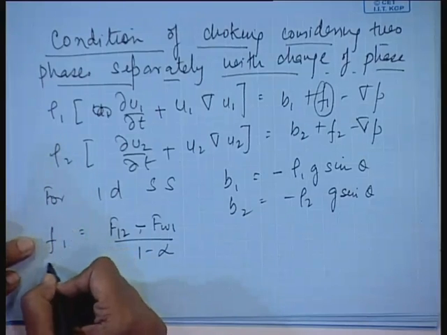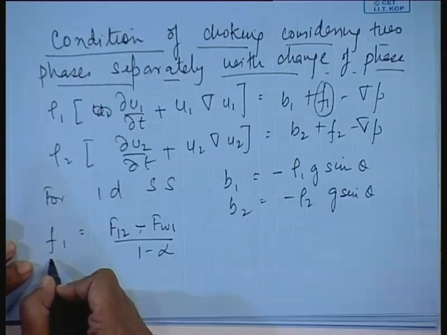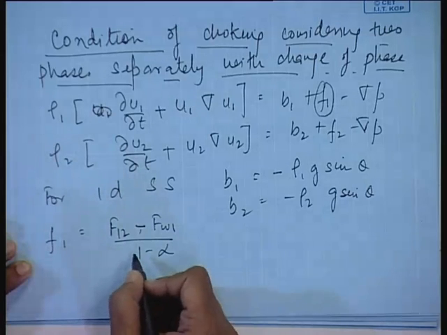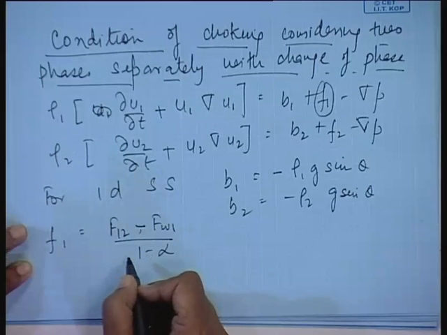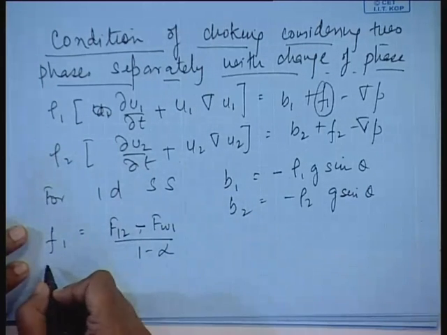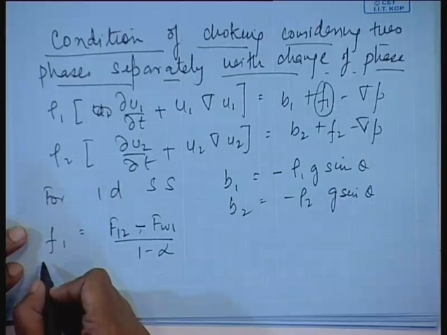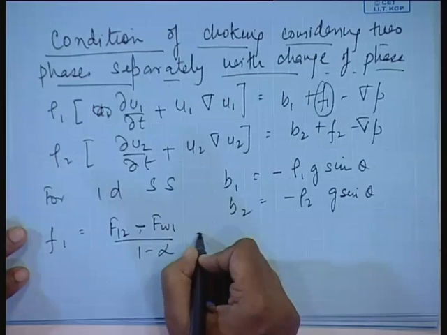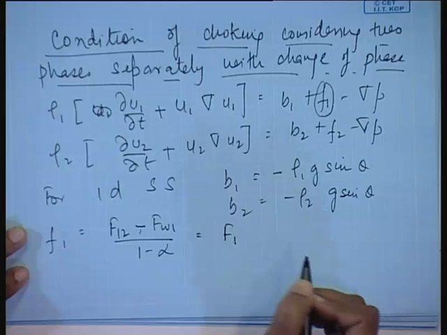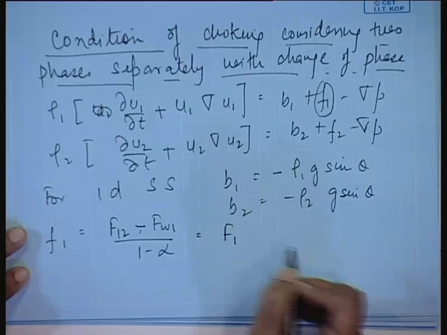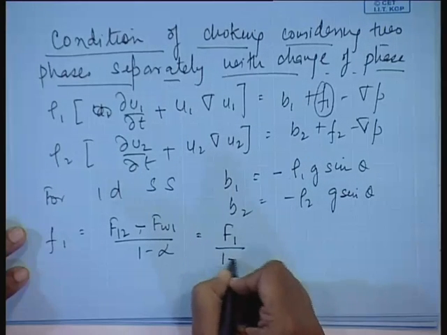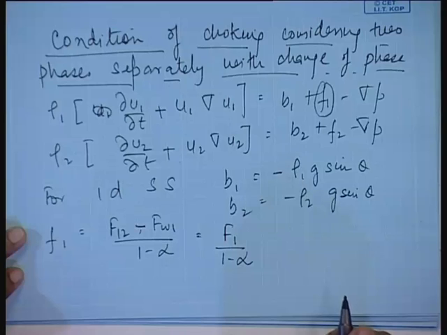So, therefore, if the effective force per unit volume of fluid 1 is F1, then per unit volume of the total two phase mixture, what will it be? It will be, say, F1 by 1 minus alpha, isn't it? So, per unit volume of the two fluid mixture was taken as capital F1, where this one was F1 by 1 minus alpha.